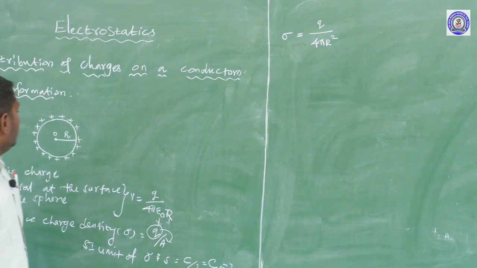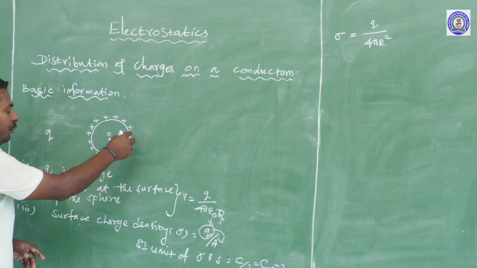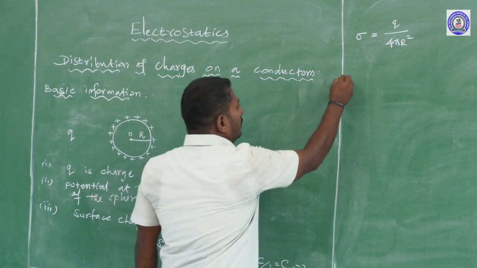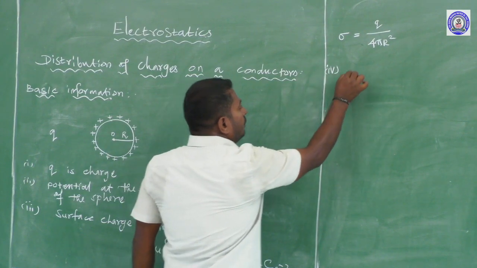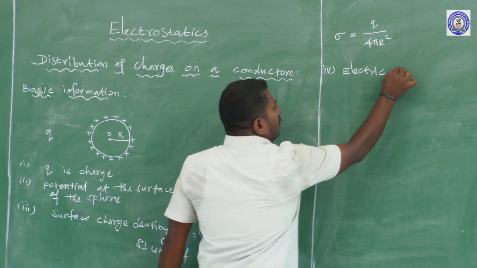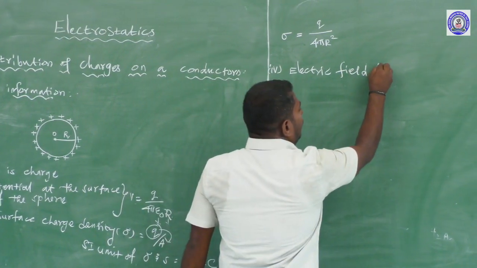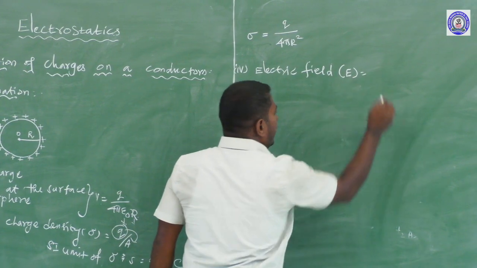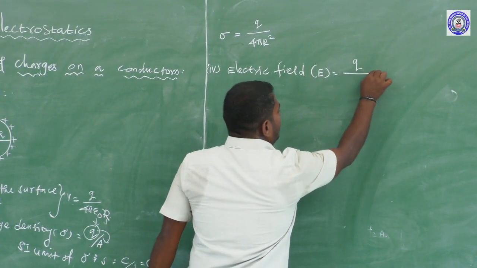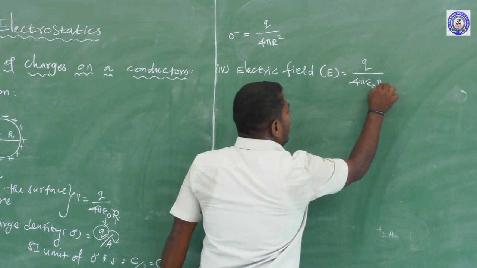Then next one, what is the electric field at the surface of the charged metallic sphere? That is the fourth basic information. Electric field, notation E, is equal to the charge on the metallic sphere divided by 4 pi epsilon naught R square.